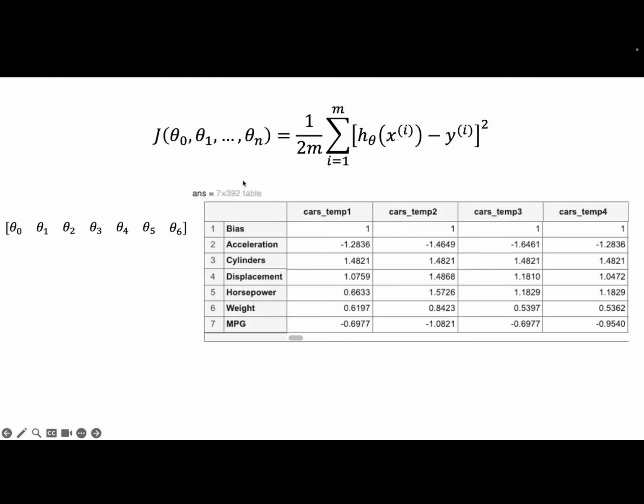Okay, so pag pinlog in natin ngayon yung hypothesis dito, makukuha natin yung cost function and then makukuha rin natin yung derivatives nung cost function. Okay, so remember na yung MPG, ito yung ating y. Okay. Sige, tuloy lang natin to.